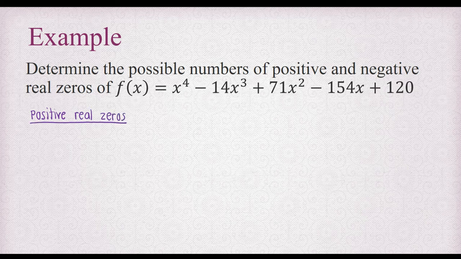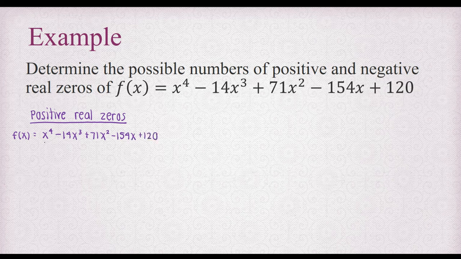That means we are looking at the function f of x. So they gave us that function, x to the 4th minus 14x cubed plus 71x squared minus 154x plus 120. So I'm looking for sign changes.